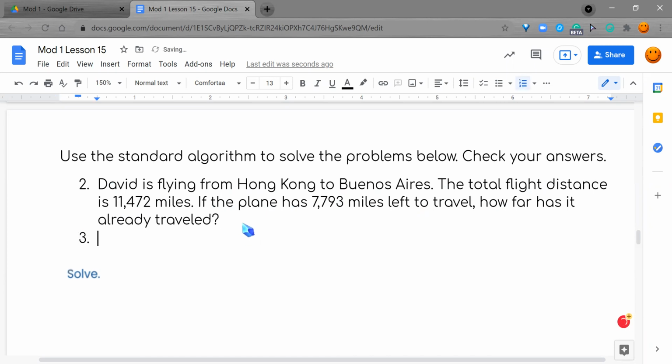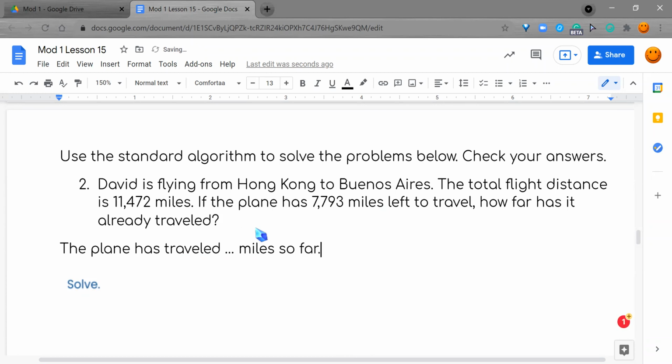So being we know it's a word problem and we have to answer it, the plane has already traveled blank miles. So I don't have to write the word so far.